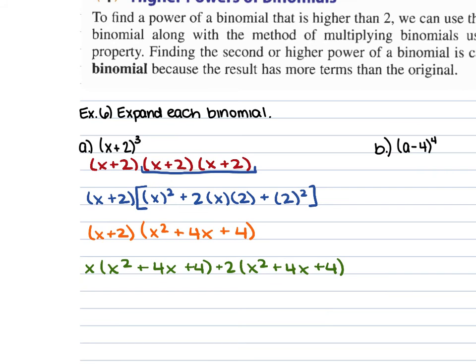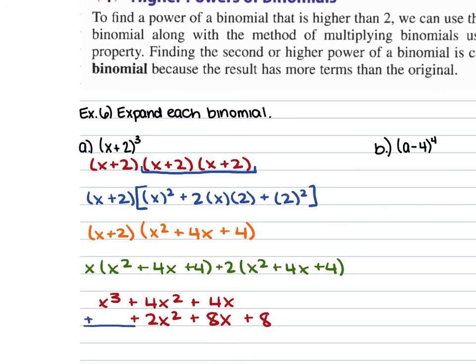Again, it makes my life a little easier when I do this vertically. So if I distribute that x in, I have x cubed plus 4x squared plus 4x. If I distribute the 2 in, I get 2x squared. That's going to go underneath the 4x squared. 2 times 4x is 8x. That goes underneath the 4x. And 2 times 4 is 8.